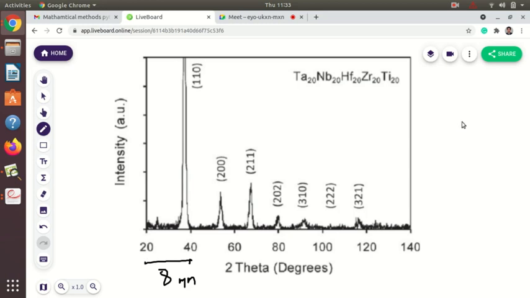I am not writing units because I am writing on a laptop, so it is difficult to type or write. Here it is in degrees, and here it is in millimeter or centimeter, whatever you get.